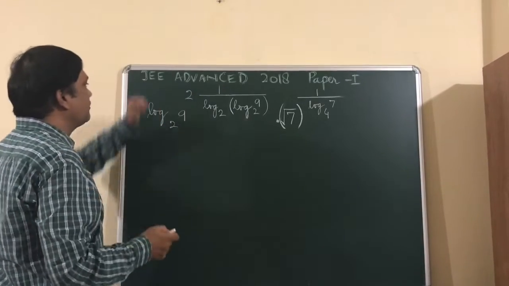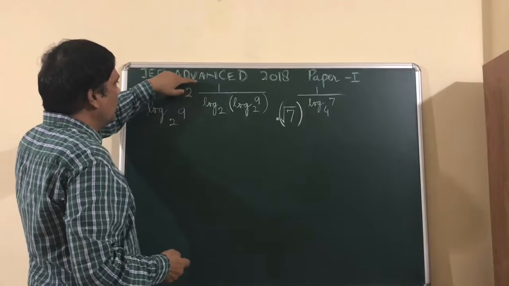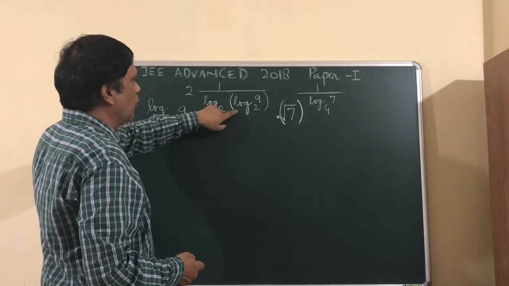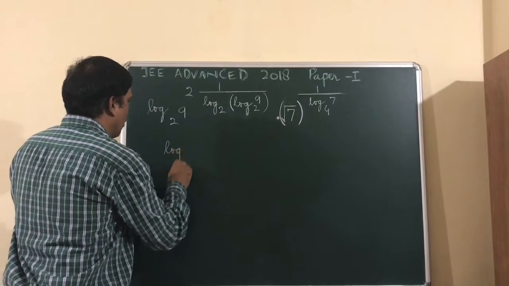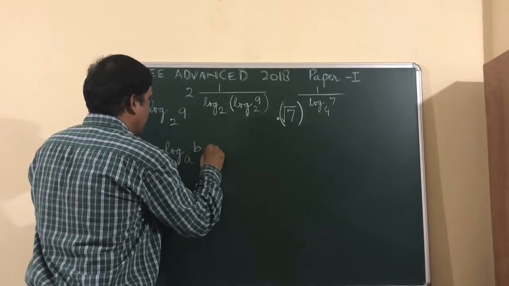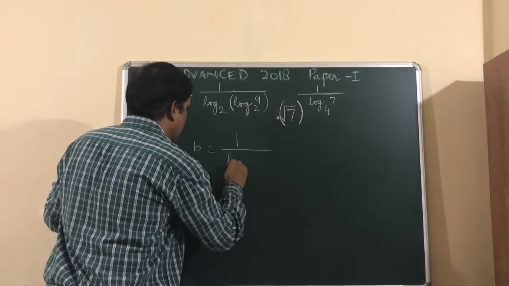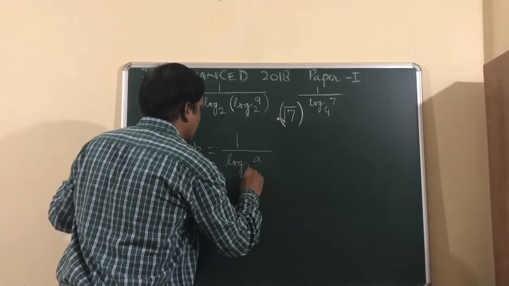Now see there, it is written 2 into 1 upon log base 2 of log 9 base 2. So I'll use the property that log of b base a is equal to 1 upon log of a base b.